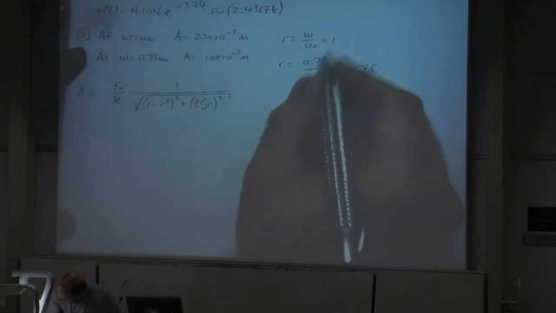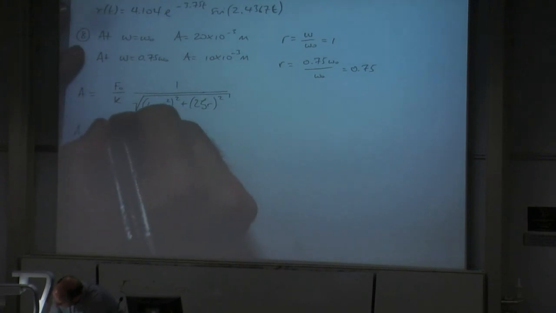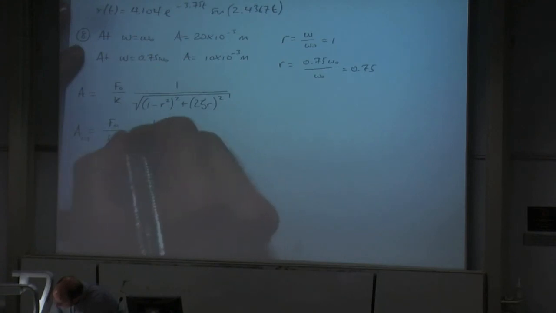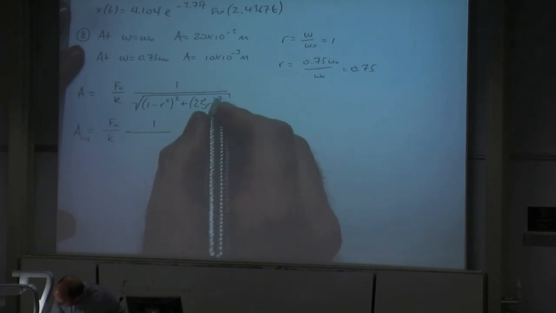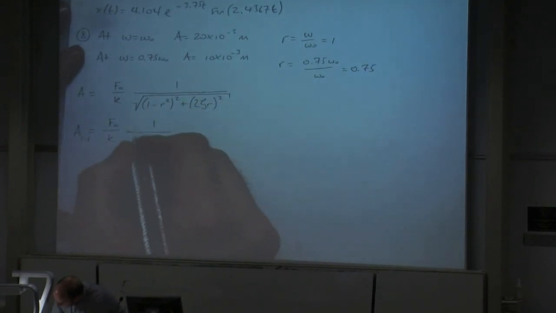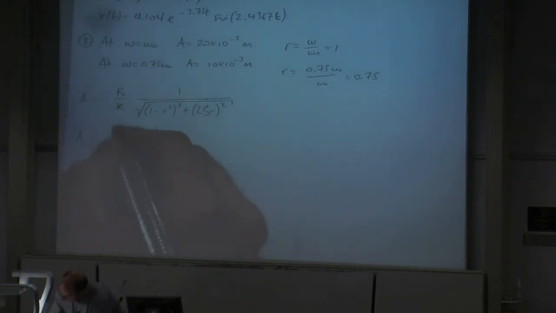We know that when R equals 1, A equals F naught upon K times 1 divided by, well, 1 minus 1 is 0, so that disappears. We have 2 zeta R, square rooted, so that's just going to be 2 zeta. R is 1, so we don't need to worry about that. So we can find F0 upon K, that's static displacement.